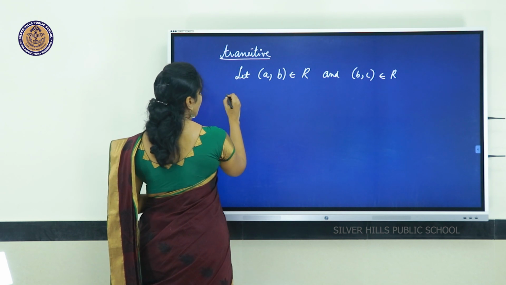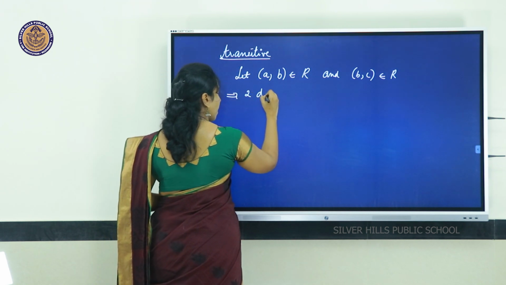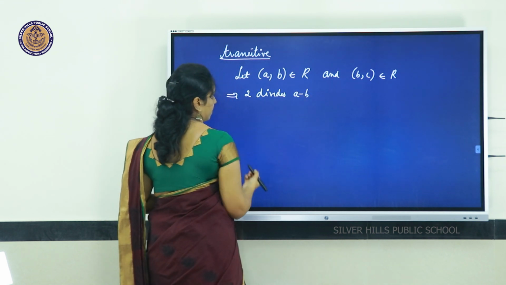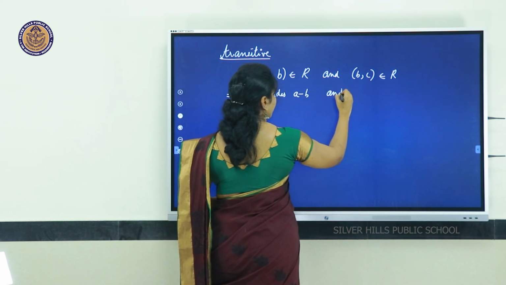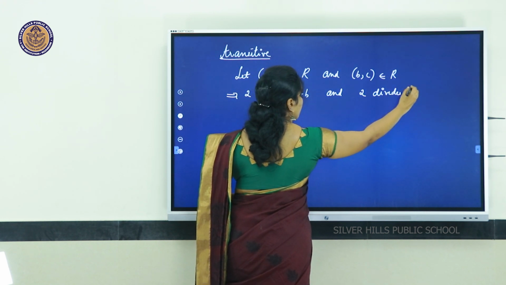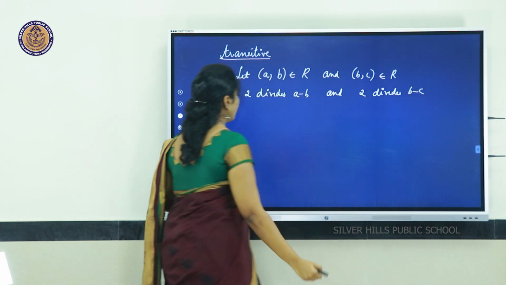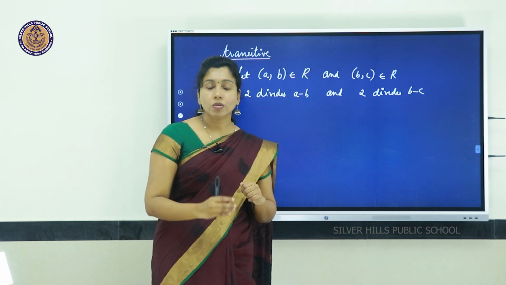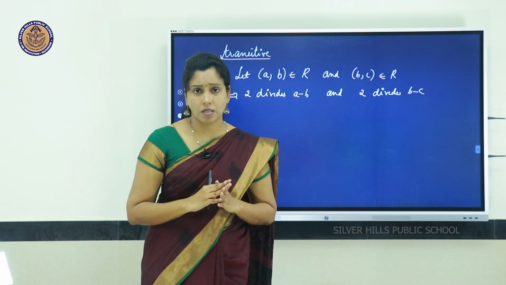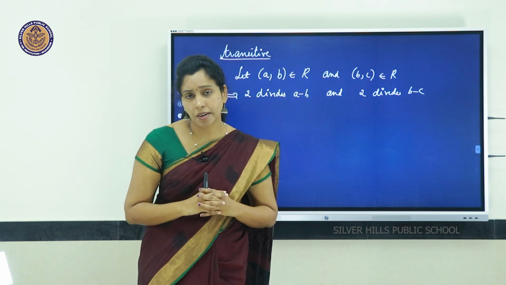(A, B) belongs to R means 2 divides A minus B, and 2 divides B minus C. Okay. So, we know 2 divides 4, 2 divides 6, that is 4 and 6 are 2 even numbers.